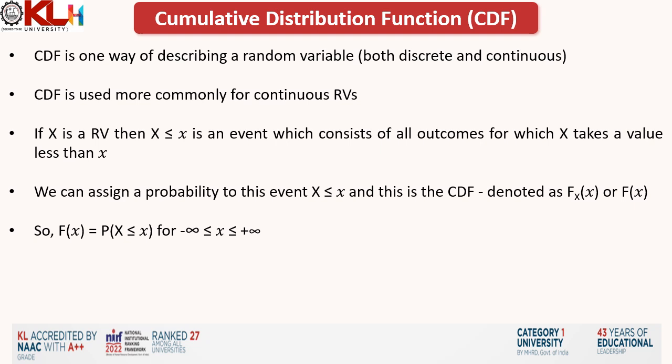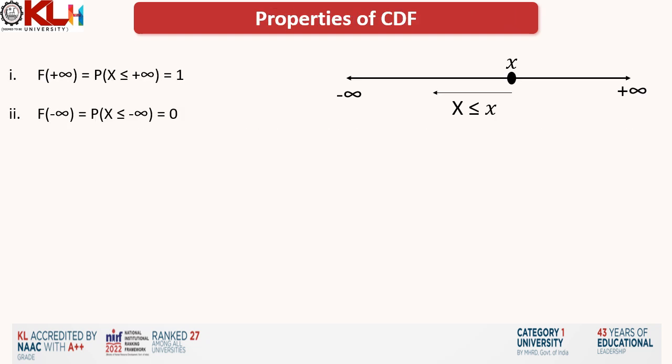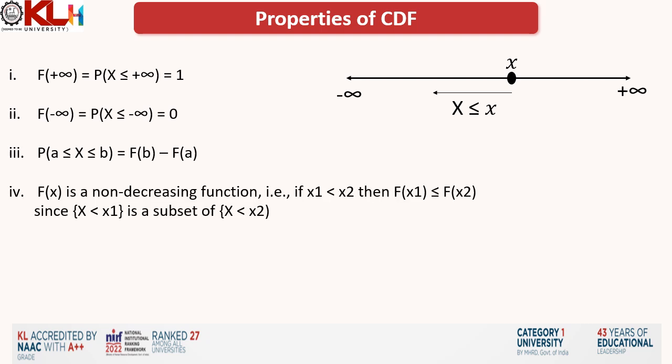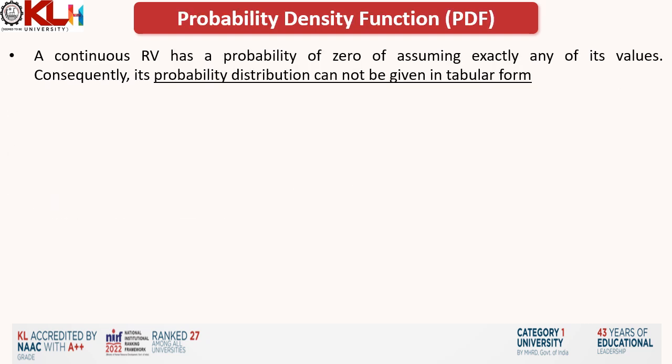So this information is applicable for both discrete and continuous random variables. The properties are also the same. The only difference is x can be any continuous value, small x, instead of in the discrete case where it used to be discrete values or countable values. The other properties apply for continuous random variables similar to the discrete random variable.